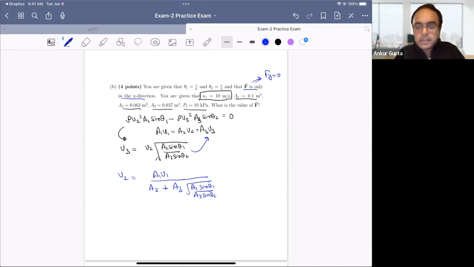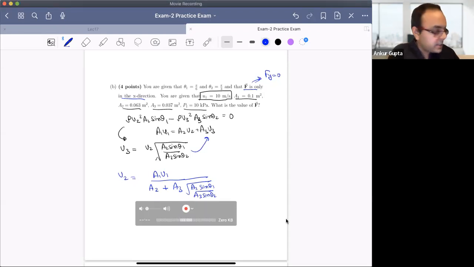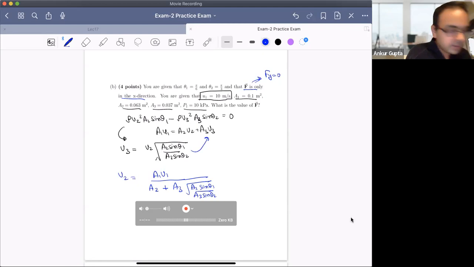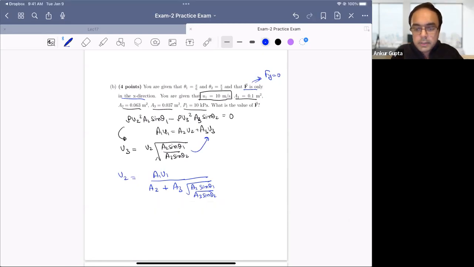U1 is 10 meters per second. And then we have A2 as 0.063, and A3 as 0.037. All right. And then theta 1 is pi by 6.